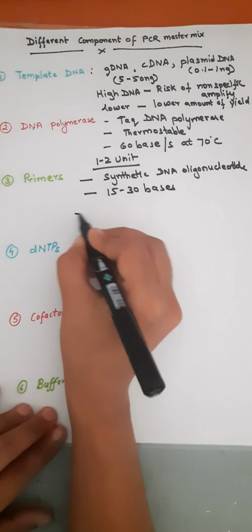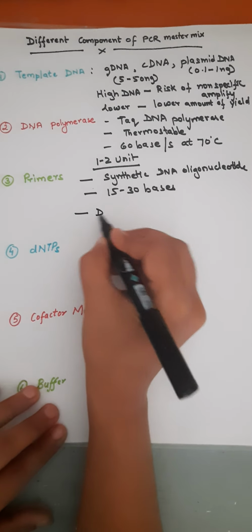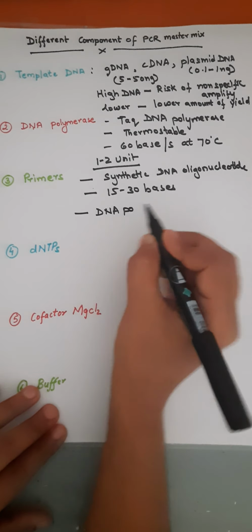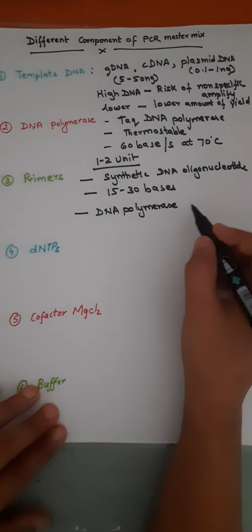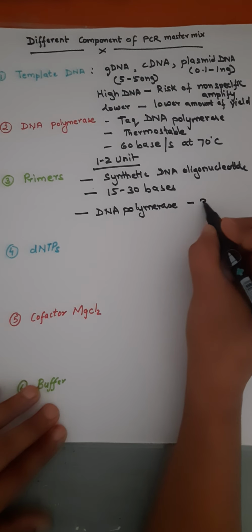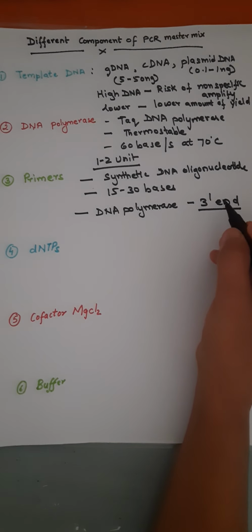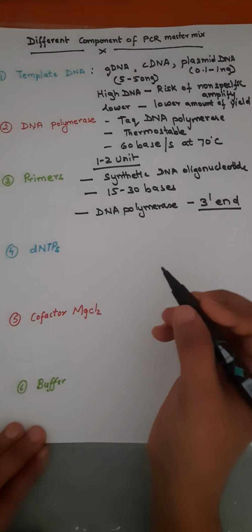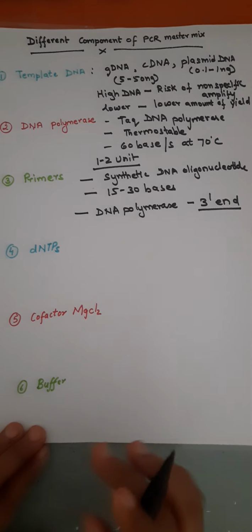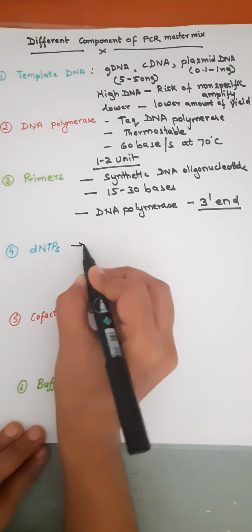During PCR, the DNA polymerase extends the primers from their 3' end. At the 3' end, the primer has the hydroxyl group, so the polymerase will extend the primer from the 3' end to generate the complementary strand of the template DNA.